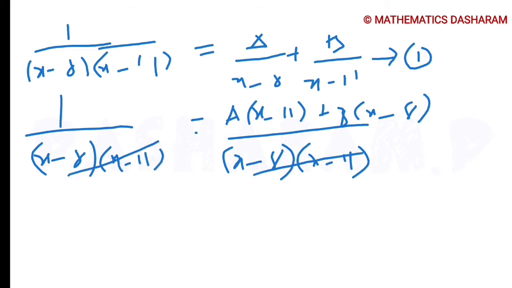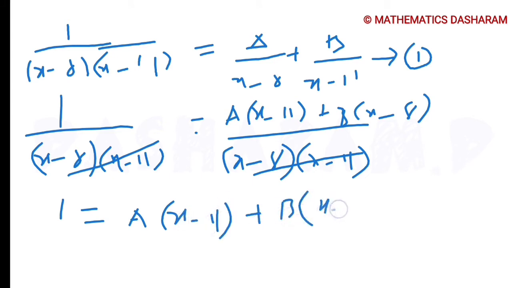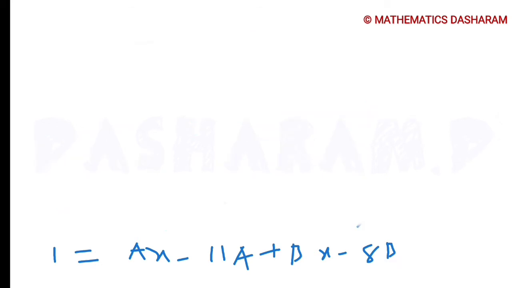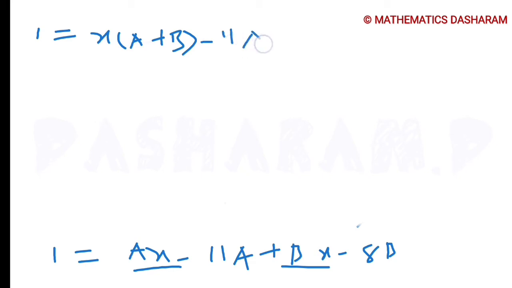So denominators are the same, then equate the numerators. A into x minus 11 plus b into x minus 8. So let's simplify. A into x is ax minus 11a. B into x is bx minus 8b. So here 1 equals, ax and bx, take the x common, so a plus b, next to minus 11a and minus 8b.